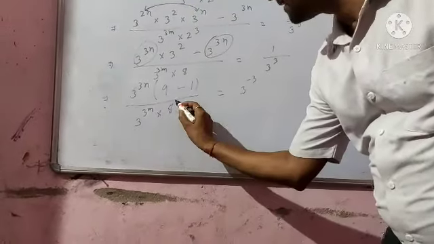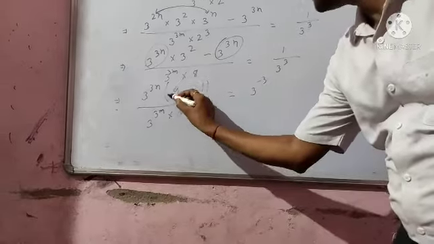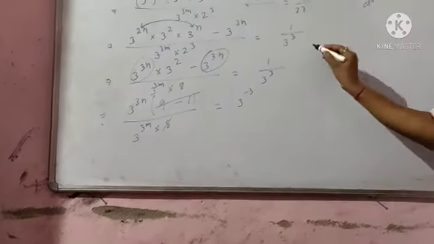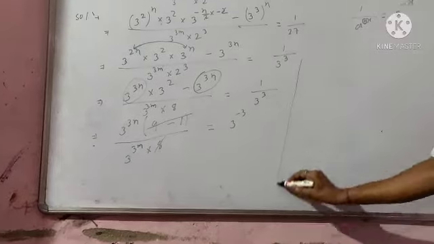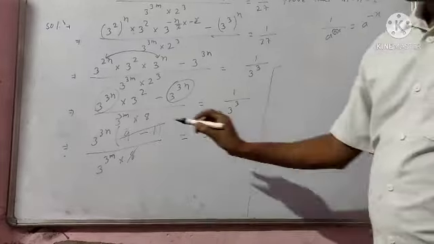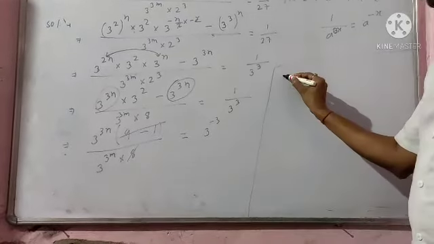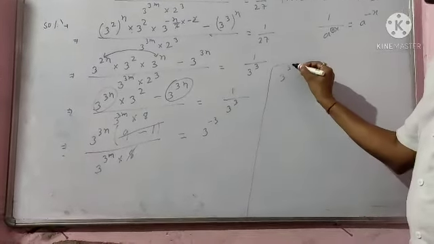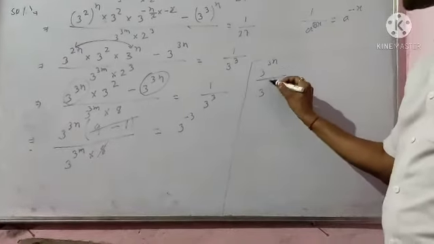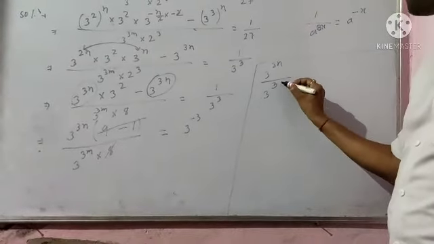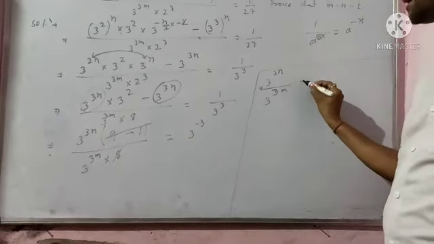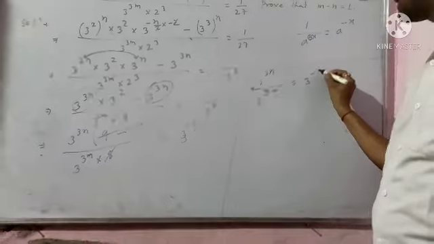Look at here, this value 8 and 9 minus 1 is 8, so this is cancelled. And 3 to the power 3n divided by 3 to the power 3m is equal to 3 to the power minus 3.